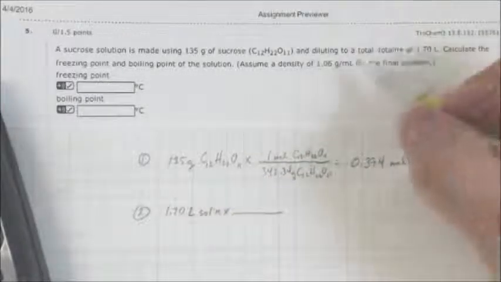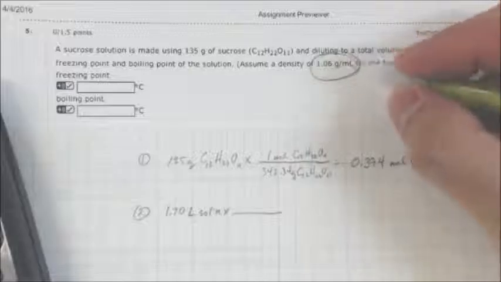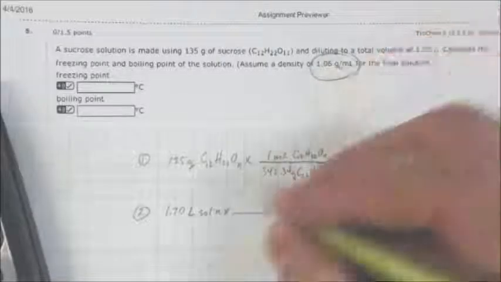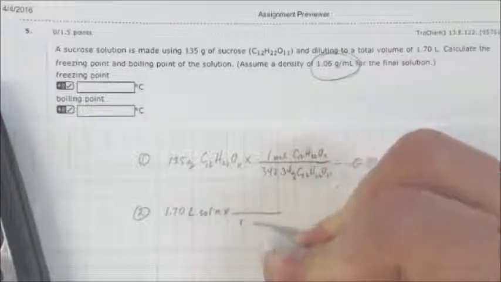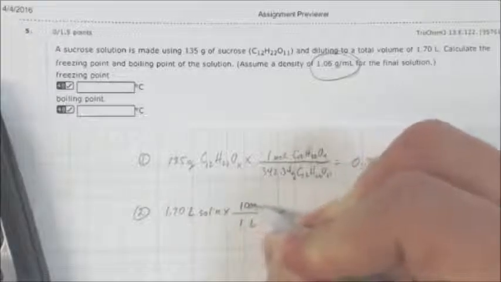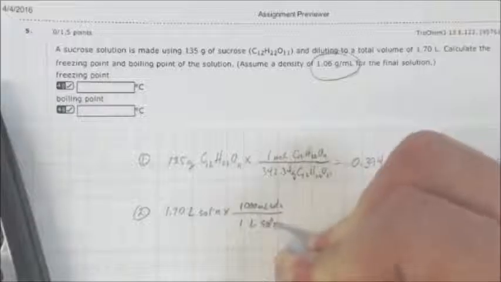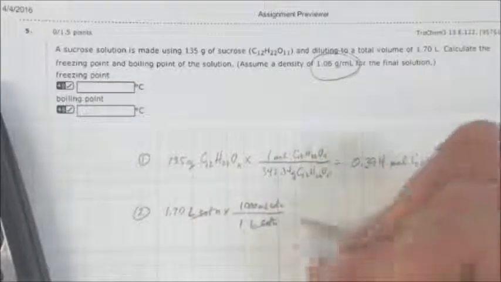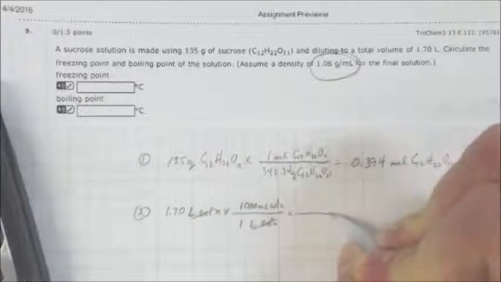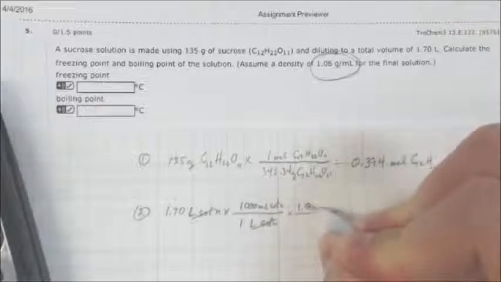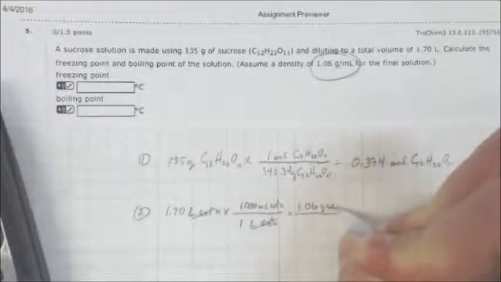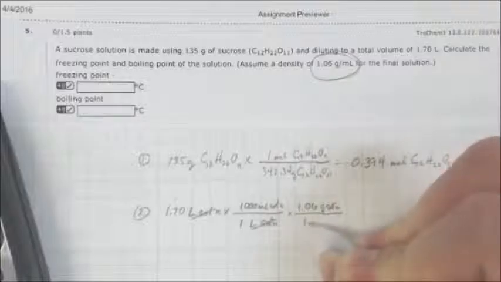We're going to use that as a conversion factor in just a bit, but notice it's grams per milliliter and I have liters here. So let's first get that liters to milliliters. There's 1,000 milliliters to a liter. And I'll just keep this solution in there as a way of, again, properly identifying what I'm working with at the time. Now I can use the density, 1.06 grams of solution for every 1 milliliter of solution.